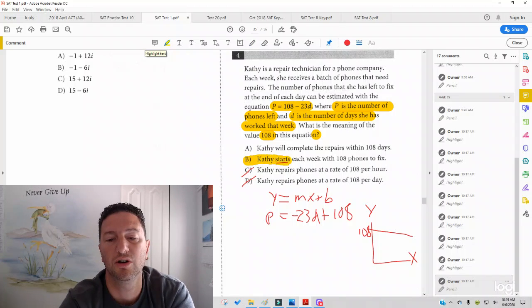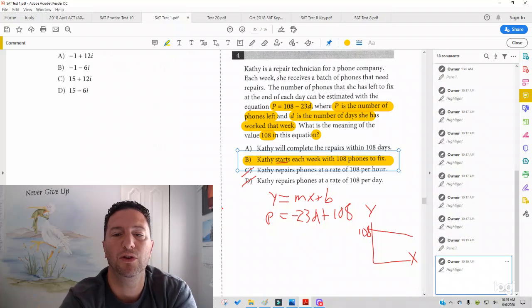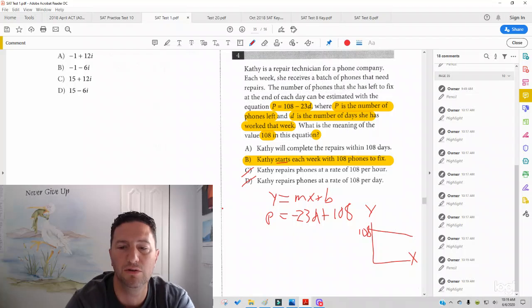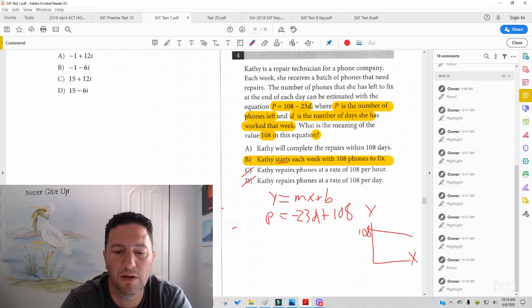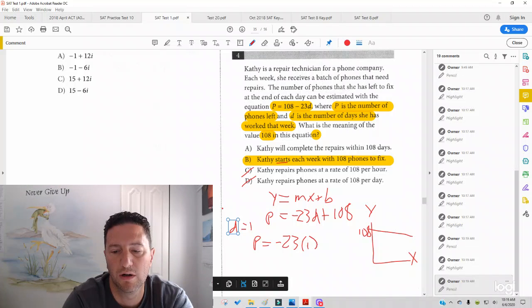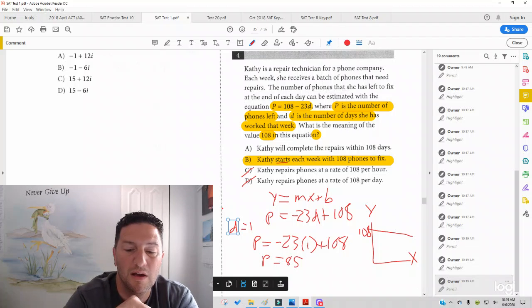That looks good. And if you do not see this approach, another option that you could use is to pick a number, let's say D equals 1, then you can answer the question on your own. In this case, P, number of phones left, is going to be negative 23 times 1 plus 108. And if you do the math for that, you'll find that P equals 85.